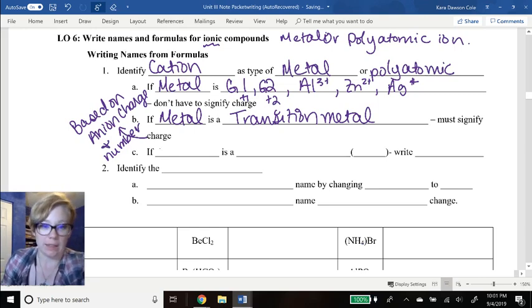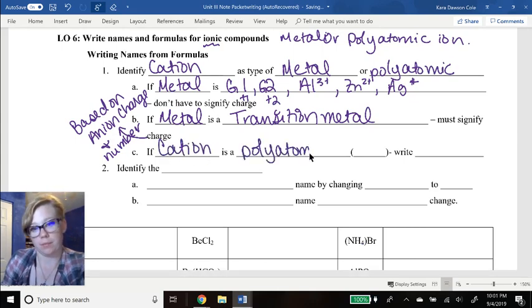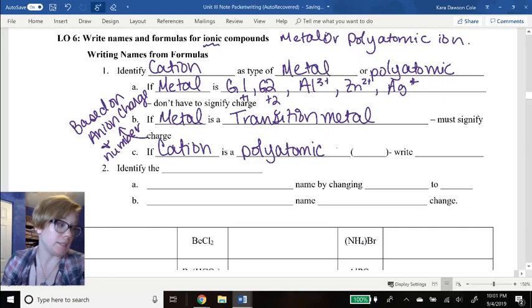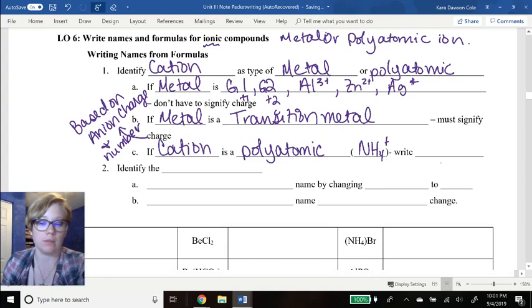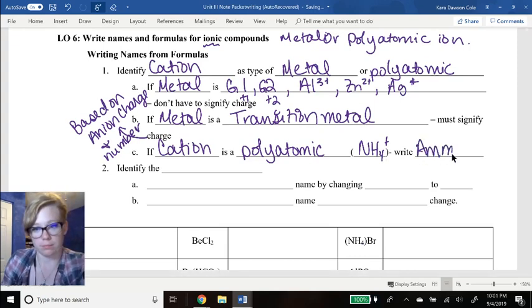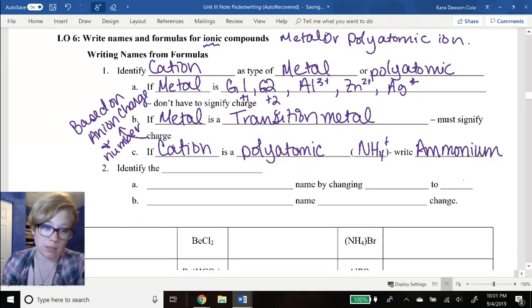If the cation is a polyatomic, that means that it is NH4+, because that's the only cation that is positive on the polyatomic ion sheet. You just write ammonium. So if it starts with NH4, it's ammonium.